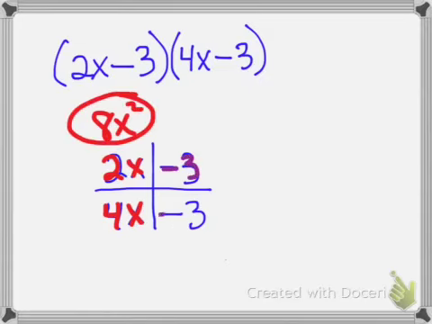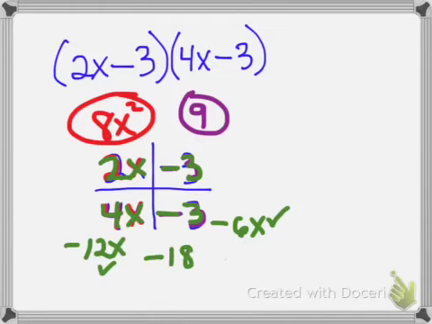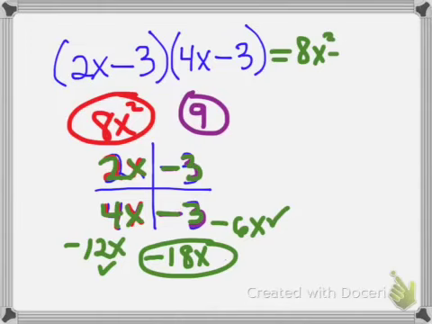The two constants, negative 3 times negative 3 is 9. Then multiply those two like terms, and you get negative 12x. So negative 12x and this negative 6x is negative 18x. There's your middle term, and we put that together, and there's the resulting trinomial.